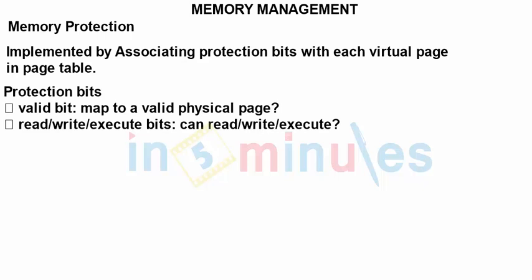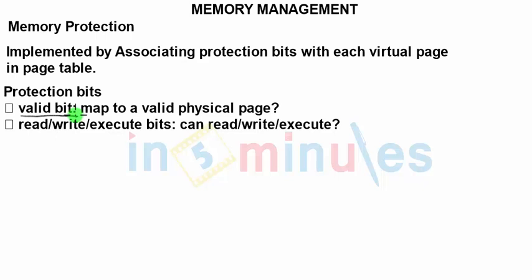When we talk about protection bits, we have two basic things to talk about. Number one, the validity bit. The valid bit tells whether the page is physically valid or not. Why does this happen?